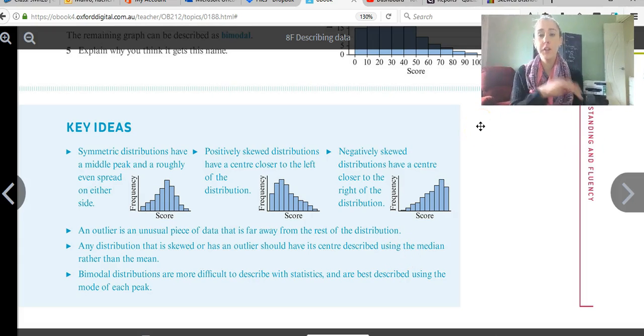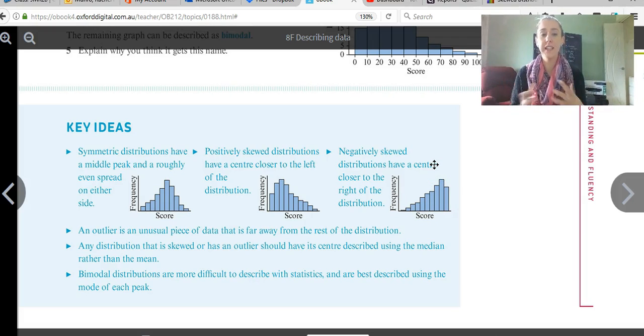So on the flip side of that, if we're talking about negatively skewed distributions, the center is closer to the right. So you've got this negative tail here, which is going to pull that mean right down and not give that really nice representation of where your central tendency is in your data.